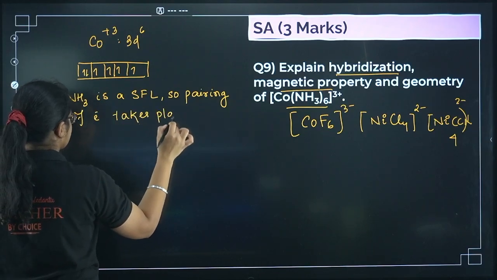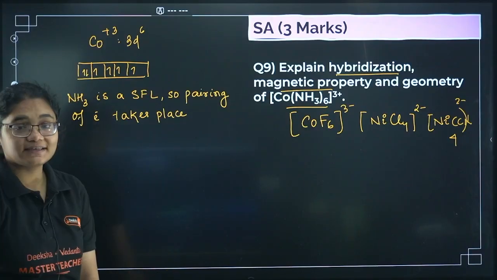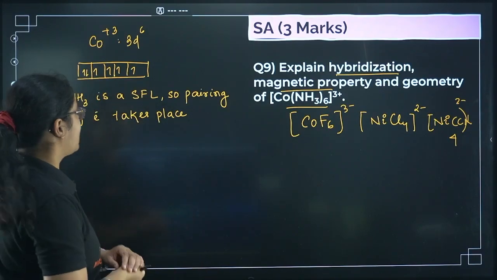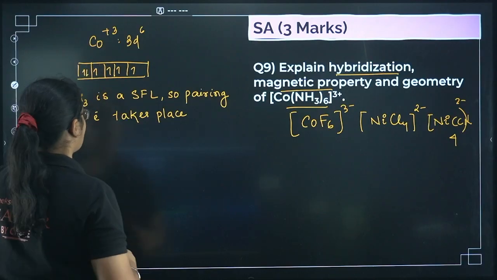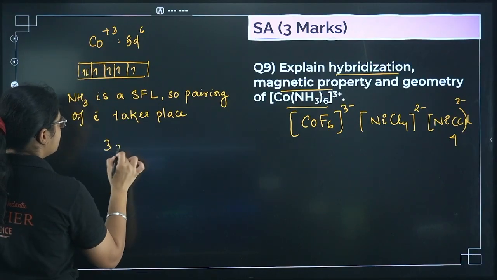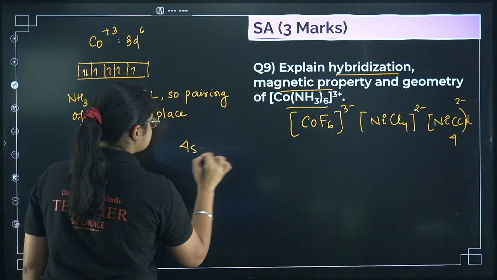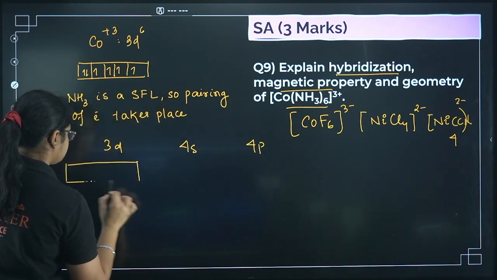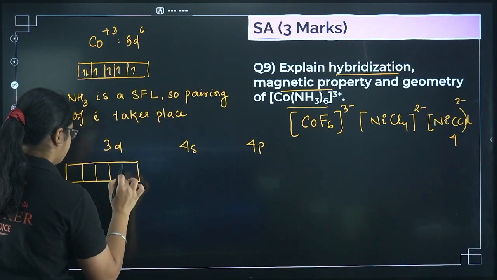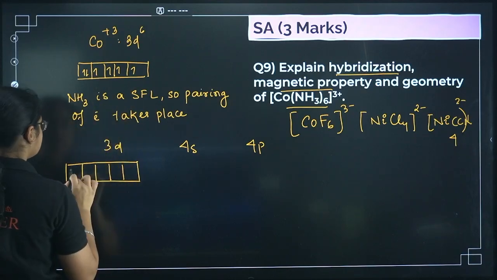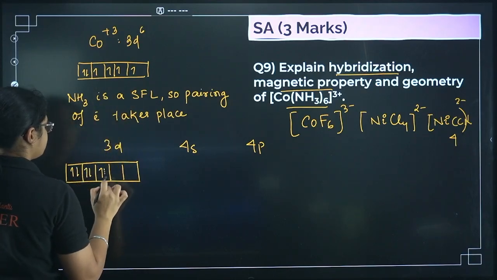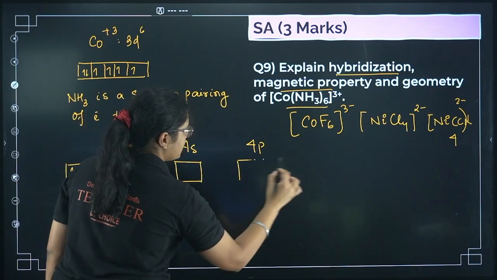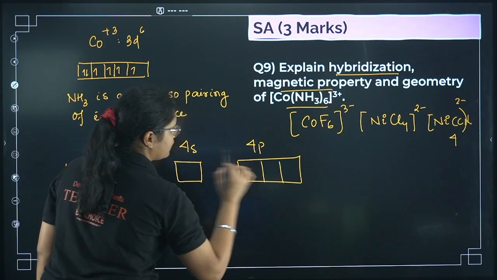Now see this ligand, how many ligands are there? 6 ligands are there, so it tries to form 6 bonds with the metal. We need 6 empty orbitals. So I have 3d, 4s and 4p. If I pair them all, I'll get 2 vacant orbitals here, 1 vacant orbital here and 3 vacant orbitals here.